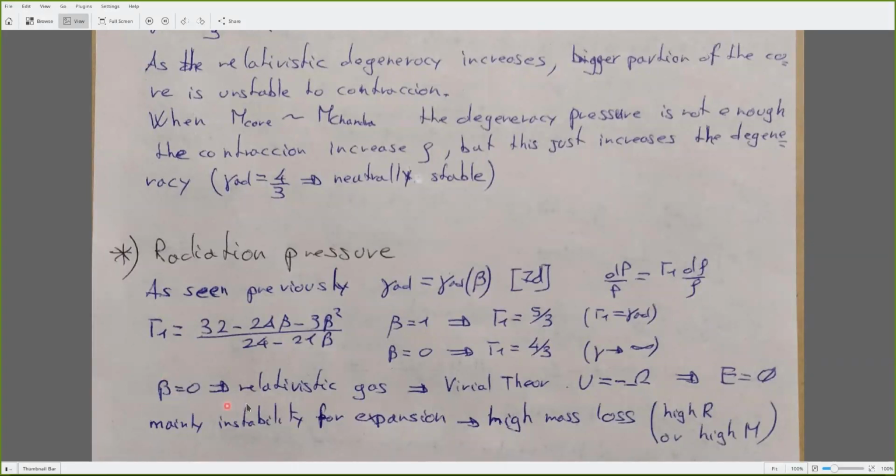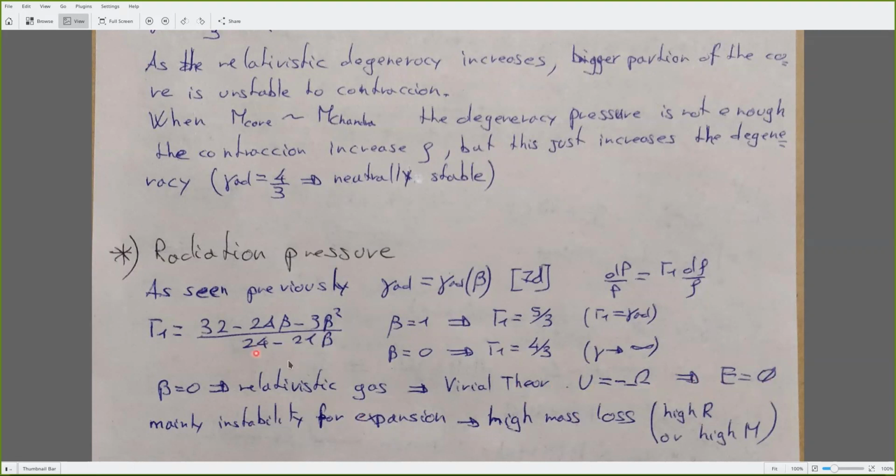So for beta equals 0, we have a relativistic gas, and we have seen that essentially all the pressure is determined by the radiation. And the virial theorem reminds us that for a relativistic gas, the internal energy is equal to the opposite of the potential energy. That means the total energy is 0, so this system is unbound.